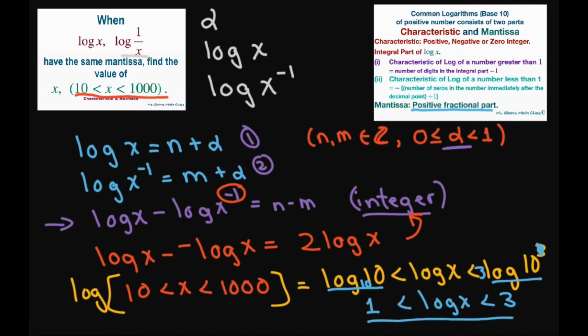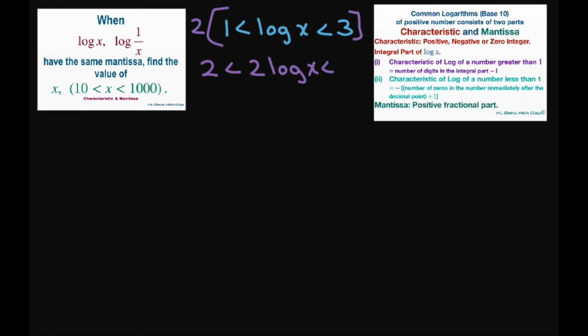Now what we want to do is change this to 2 times log of x. So again, we had 1 is less than log of x is less than 3. We want 2, so we're going to multiply everything through by 2. That's going to give me 2 is less than 2 log of x, which is less than 6.